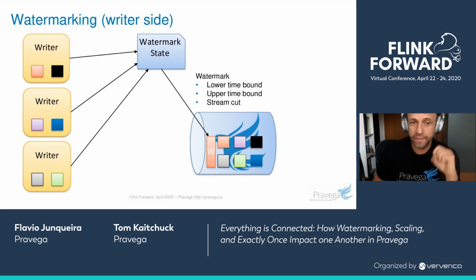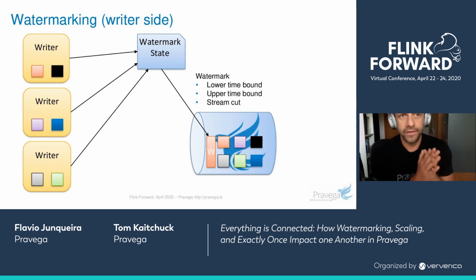A watermark for us is a triple that contains a lower time bound, an upper time bound, and a StreamCut. The lower time bound is the minimum time from the recent collection of times that the writers have informed, and the upper will be the maximum of that collection.